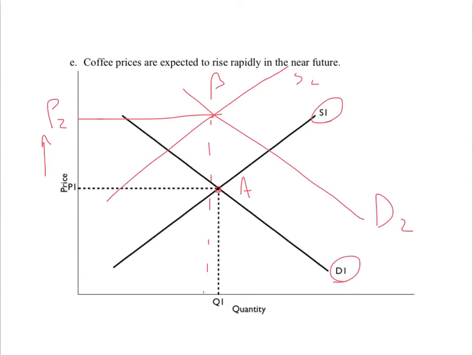So in this case, we know that the price of coffee rises. But quantity, we may say, well, we're unsure, it's indeterminate, it's ambiguous. We're not really sure what direction quantity will go. It depends on which curve, which side of the market is affected most, whether it's supply or demand.